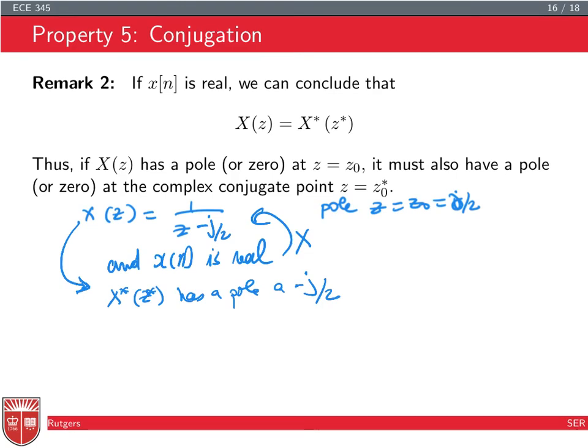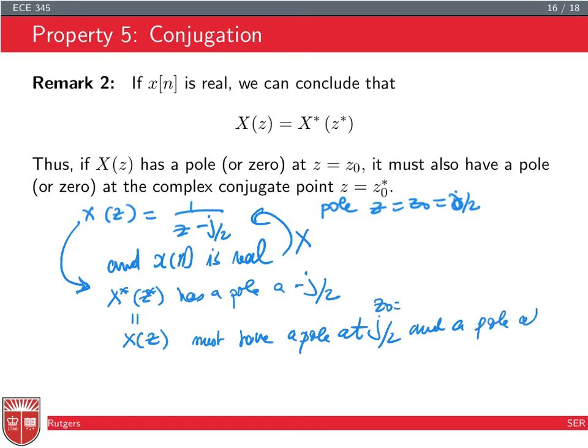But we know if x of n is real, then x star of z star is equal to x of z. This means that x of z must have a pole at z0 equal j by 2 and a pole at its conjugate z0 star equal minus j by 2.